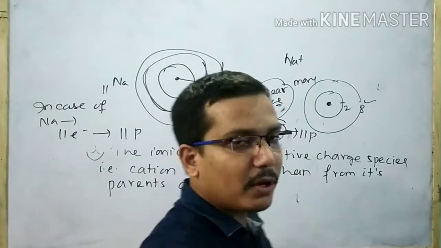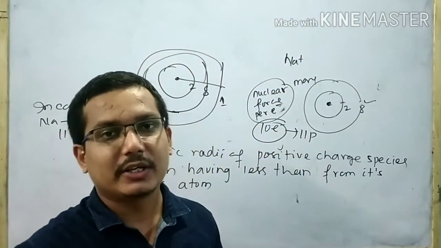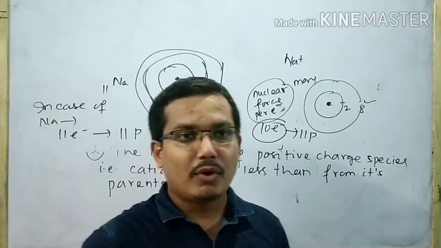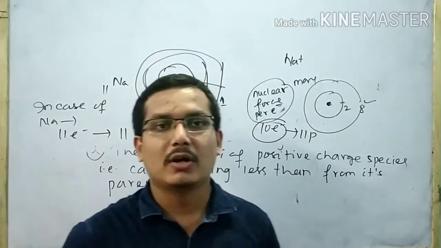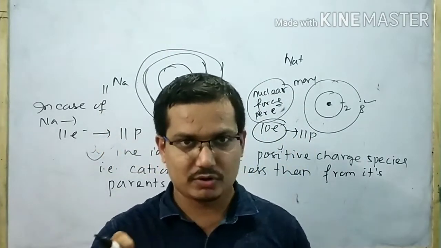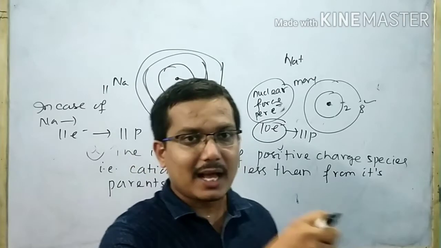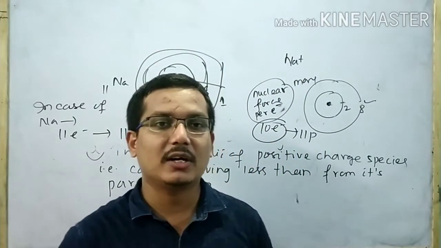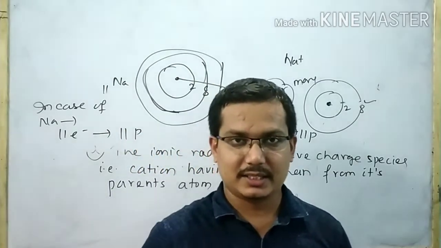Remember, the more the number of protons, the more the nuclear charge. The more the nuclear charge, the more the force of attraction of the nucleus on the valence electron, and it attracts the valence electron towards itself more. As a result, the radius will decrease.